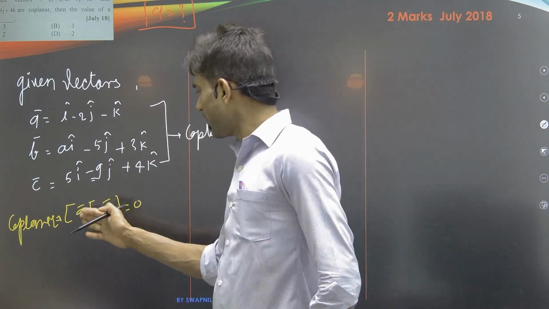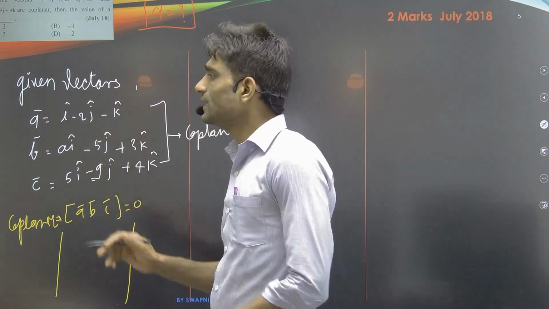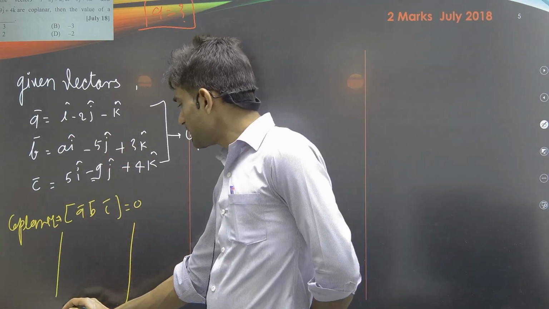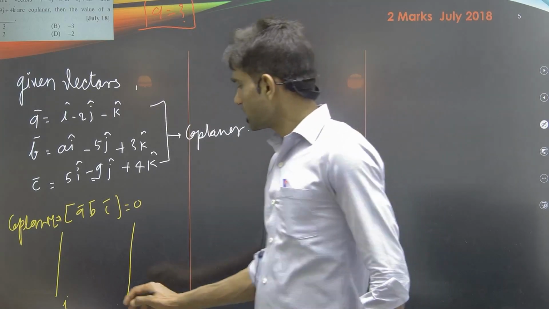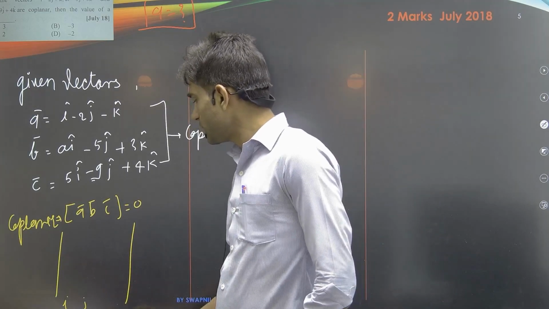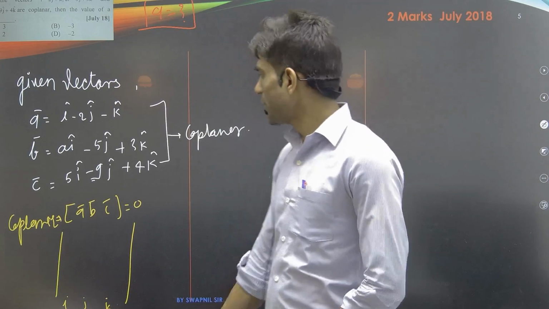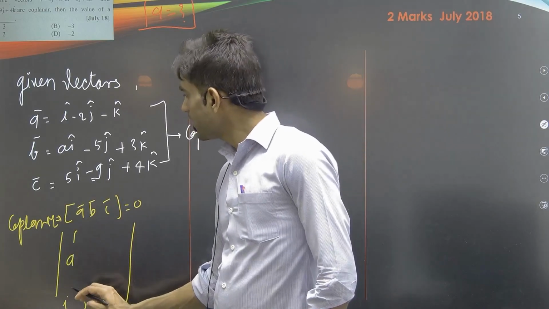So that means the determinant of the coefficients of i, j and k. See that the first entire column goes to the coefficient of i cap, the second entire column goes to the coefficient of j cap, and the third entire column goes to the coefficient of k cap. The i cap coefficients are 1, a, 5.